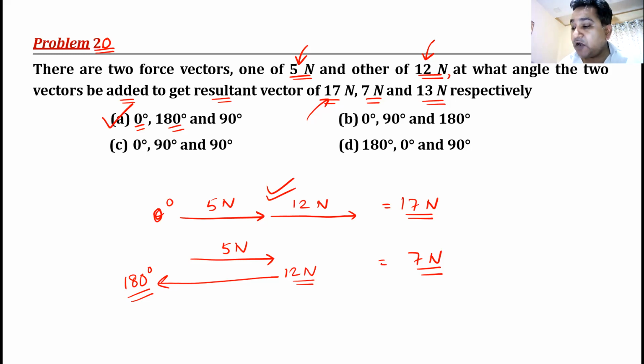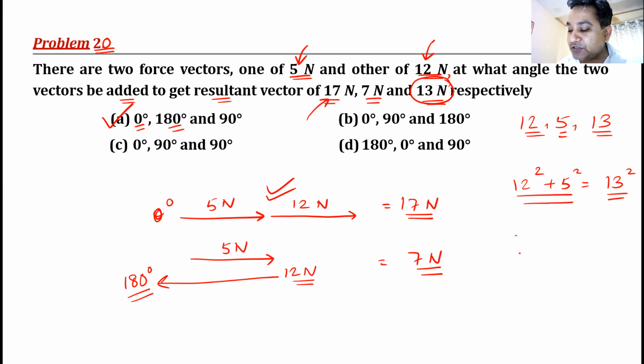Great. Now, how do I get 13 Newton out of 12 and 5? I gave you this question. 12, 5 and 13 are known as Pythagorean triplets. Did I tell you that? So 12 squared plus 5 squared becomes 13 squared. Means they must be perpendicular to each other.